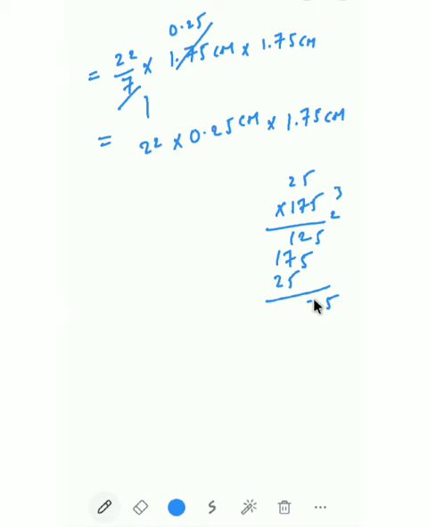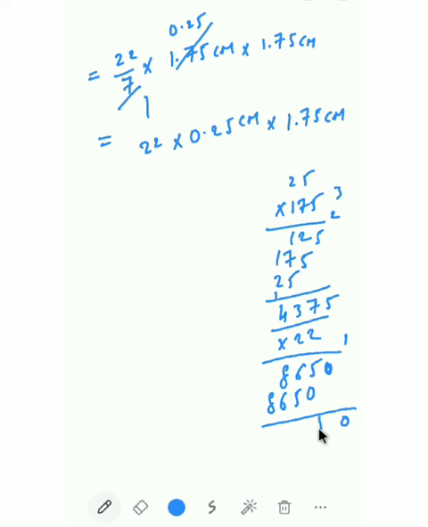So we get 4375. Now multiply by 22. 2 5s are 10, 2 7s are 14, 15, 1 carried, 2 3 is 6, 2 4s are 8 and again 8.